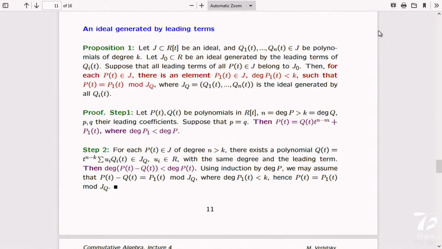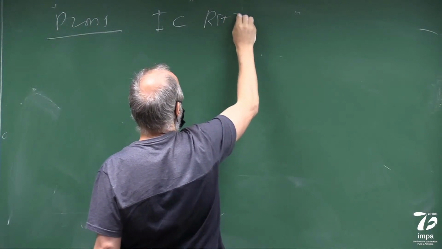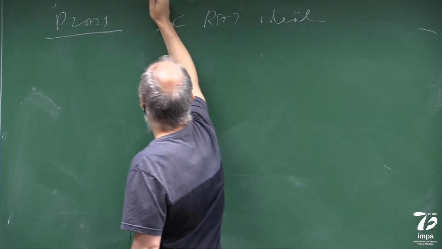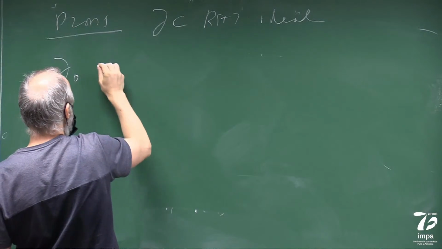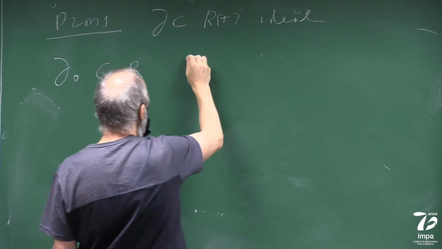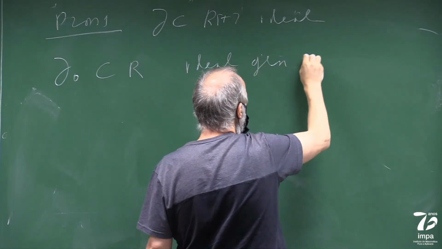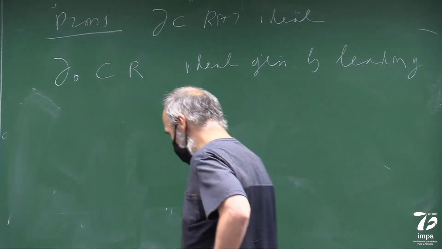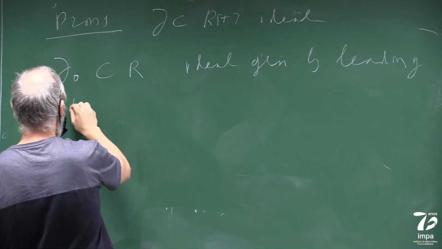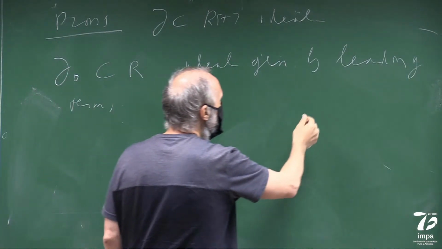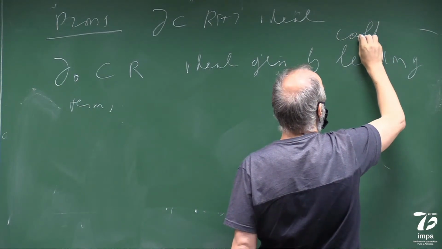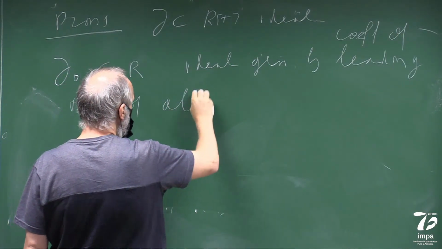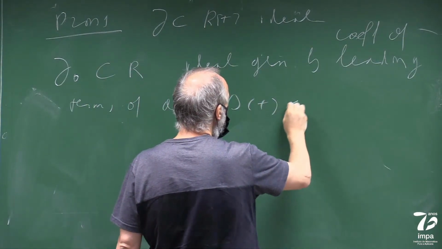Suppose I is an ideal in R[t]. Let J0 be the ideal in R generated by the leading terms, meaning the coefficients of biggest degree, of all polynomials P(t) inside J.